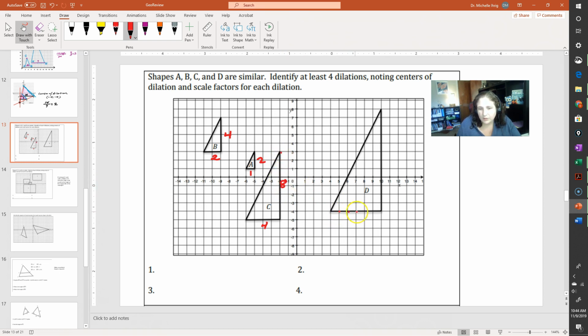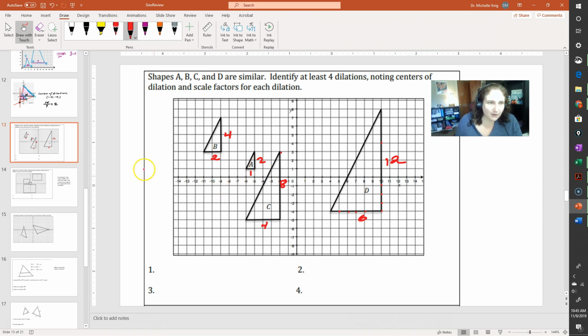This distance is 1, 2, 3, 4, 5, 6. And this distance is 1, 2, 3, 4, 5, 6, 7, 8, 9, 10, 11, 12. And so in this case, it was saying shapes A, B, C, D are similar, so we know that they are. Identify at least 4 dilations noting center of dilation and scale factor.